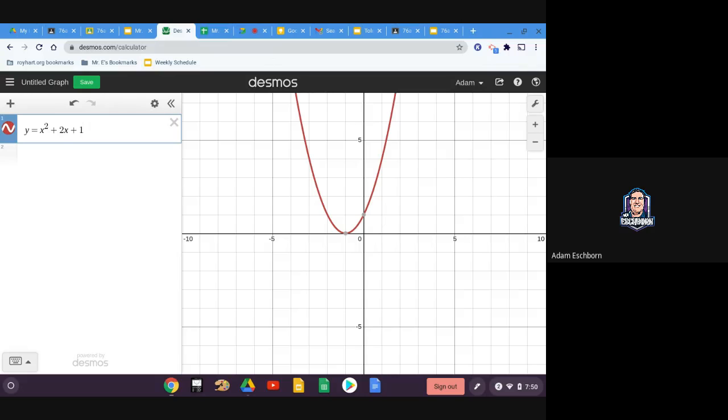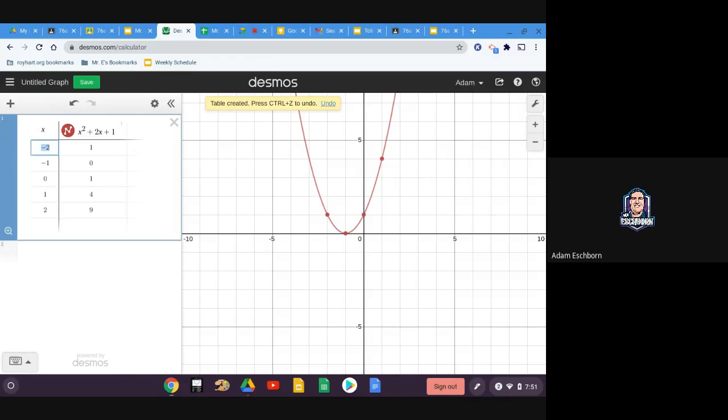Cool. So you're going to be asked to graph these on Delta Math. To graph them for right now, all we know how to do is graph them on Desmos. So after you type in the equation, you're going to click the gear, and you're going to click this little button here that says Convert to Table, and it's going to give you a table.